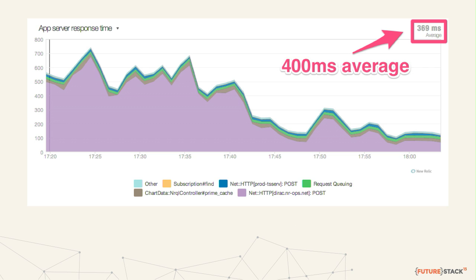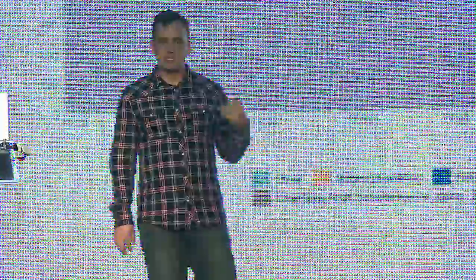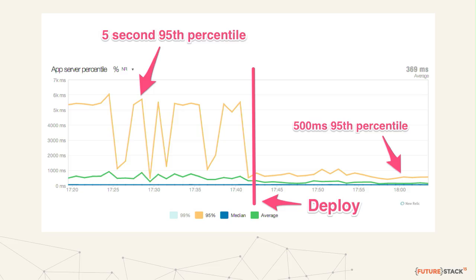But when we were testing this code in our staging environment, we noticed that it was usually just really fast, but occasionally it would be really slow. So we clicked into the percentile chart, which revealed the problem. The 95th percentile for this key transaction was over 5 seconds, which means that over 5% of the people hitting this were getting a really bad response.